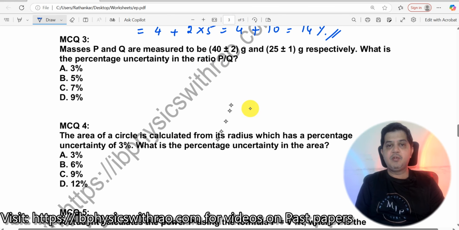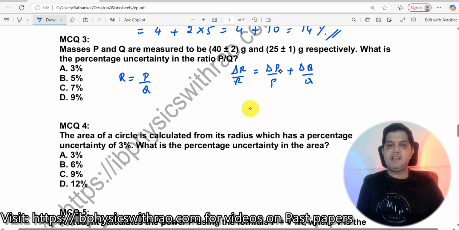Masses P and Q are measured to be 40 plus or minus 2 and 25 plus or minus 1 gram. What is the percentage uncertainty in the ratio P by Q? So let me define this ratio as some R, which is equal to P by Q. If I want to get the value of delta R by R, delta R by R is equal to delta P by P plus delta Q by Q, right?